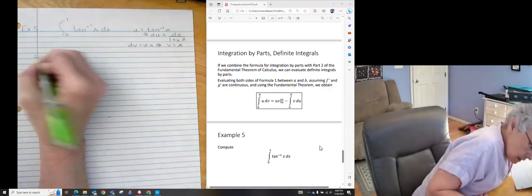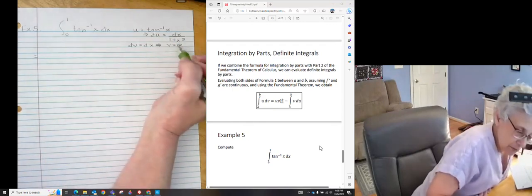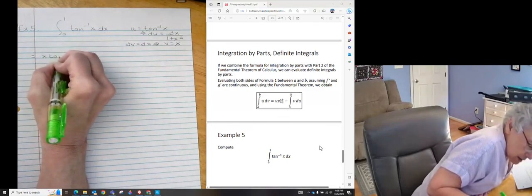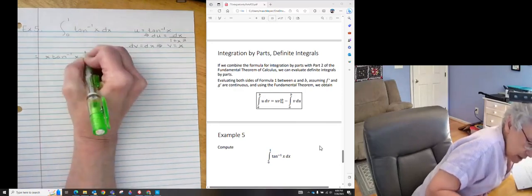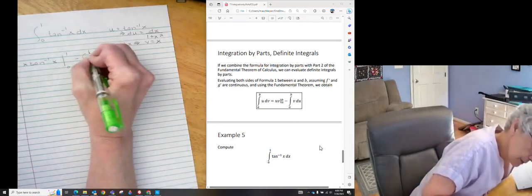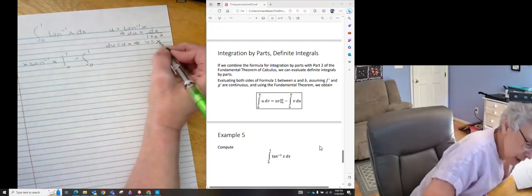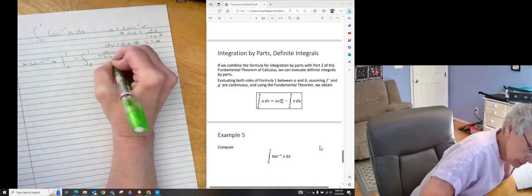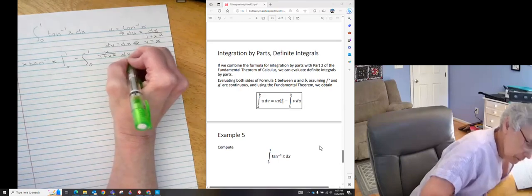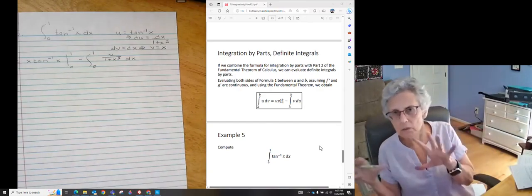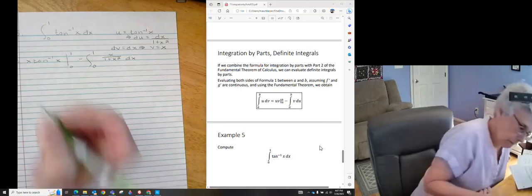So, I have u times v, so I'm going to go ahead and write it as x times inverse tangent of x. That needs to be evaluated from 0 to 1, minus the integral from 0 to 1 of v du, which again we notice we're going to have to do u substitution with a different u on this one.